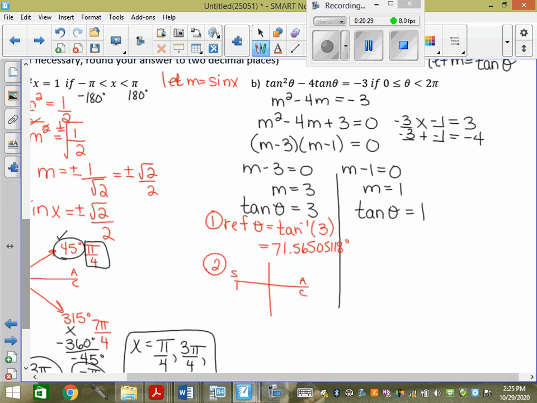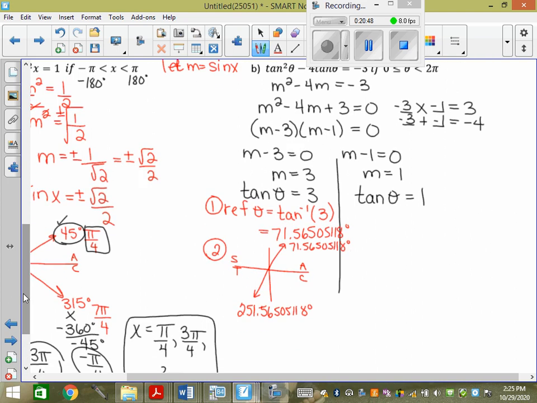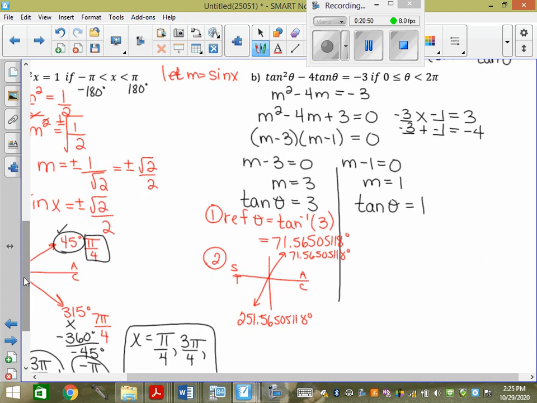Tan is positive here and here. So this is this one. This one's going to be 180 plus it. So I get 251.5650518. Which both of those land between 0 and 2 pi, correct? They just happen to be the degree version.